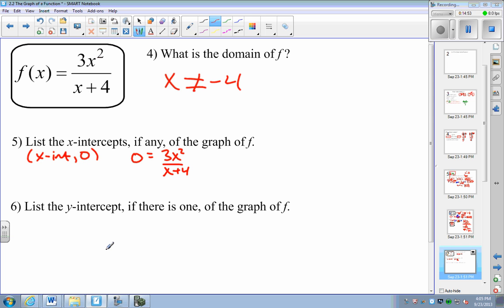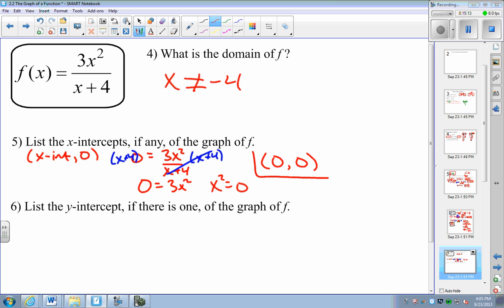Now, what happens when I multiply across by an x plus 4 and another x plus 4. Zeros are really nice because that side's going to stay at 0. Okay, we divide by 3. We get x squared equals 0. So the x-intercept is 0, 0, right at the origin. There's not a plus or minus 0. There can only be one of them.